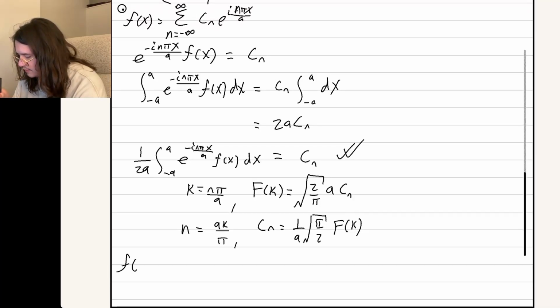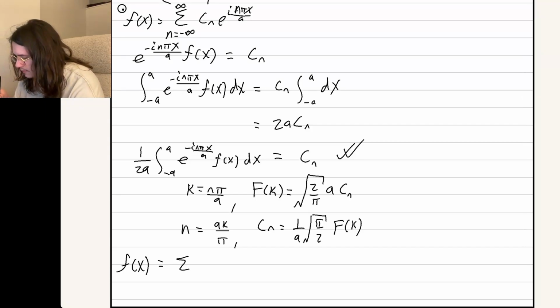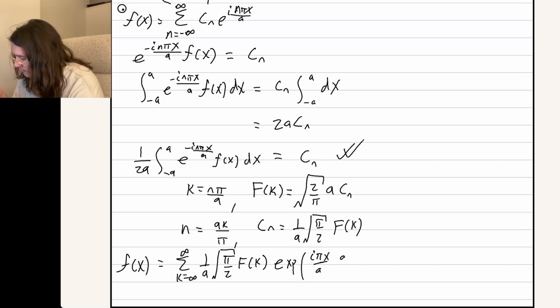So now we have that f of x will be given by the sum of k goes from minus infinity to infinity of 1 over a square root pi over 2, capital F of k, and then we have e to the, or I'll just write it as a big exponent because it's going to be i pi x over a, and then plug in what we got for n, so it's ak over pi, and we'll get some cancellation in there.